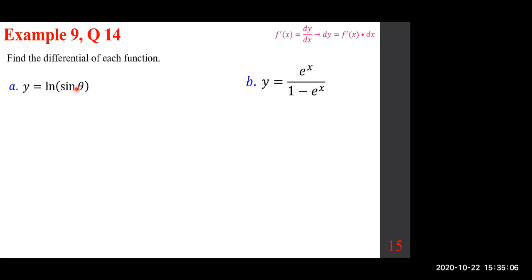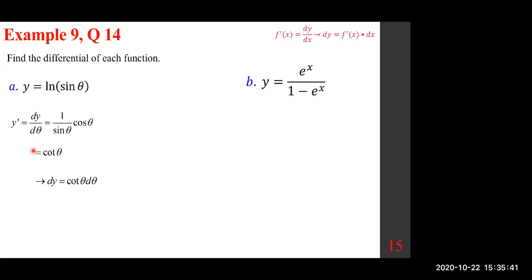Natural log, flip over the argument: 1 over sine theta times the derivative of sine, which is cosine, and that becomes cosine over sine or cotangent theta. You probably remember this; we have done this before. And so what is dy? The same thing times d theta, class.